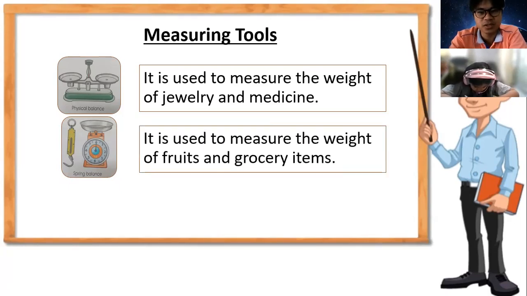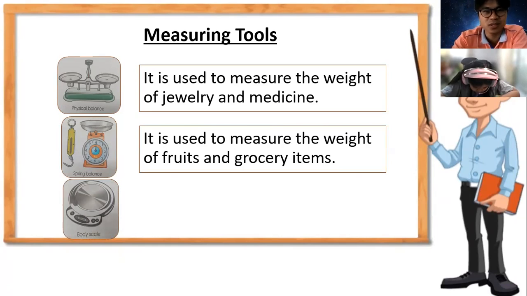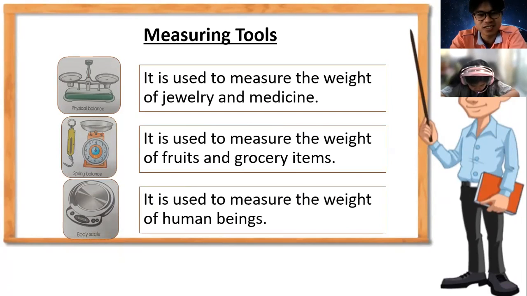It is used to measure the weight of fruits and groceries or grocery items. Spring balance, right? Another example here, another picture, another measuring tool is what we call the body scale. It is used to measure the weight of human beings. Okay, so body scale.